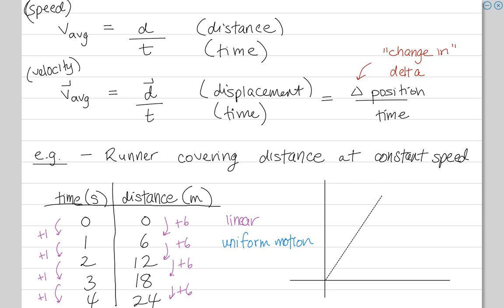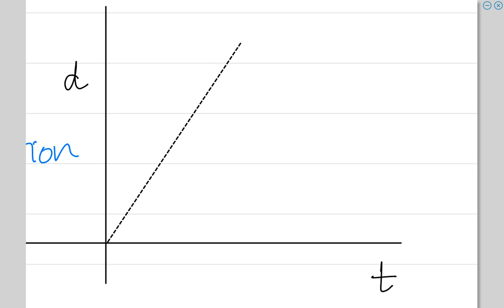So it might look something like this, where you have your time and your distance plotted, y versus x, and you would be going over 1 and up 6 constantly. The next one, over 1, up 6, over 1, up 6.